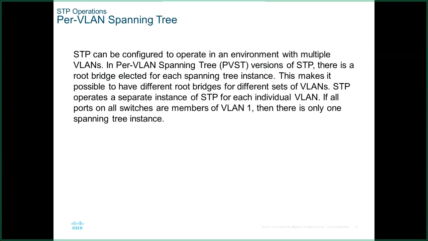So if one of our links fails, it only upsets a portion of our network traffic while it repasses to the alternative ports. And this is a good way of reducing the overall traffic on our uplinks towards the root bridge.